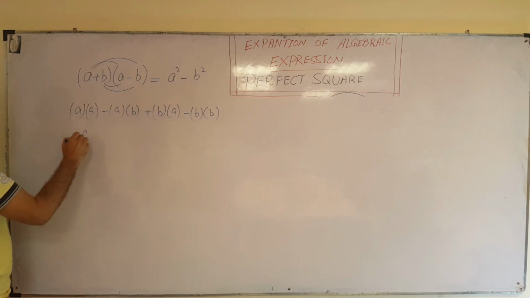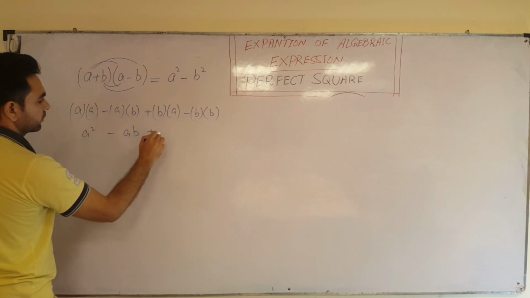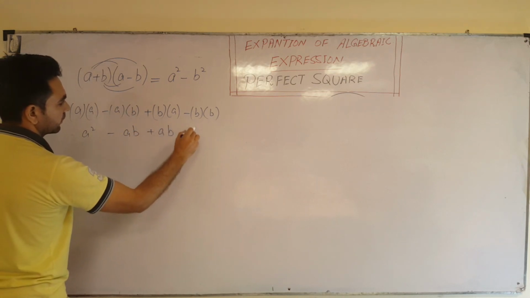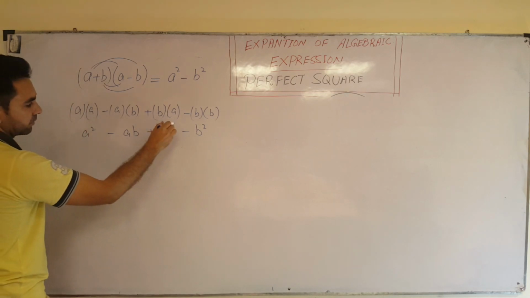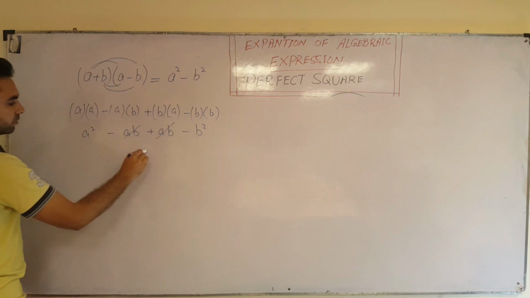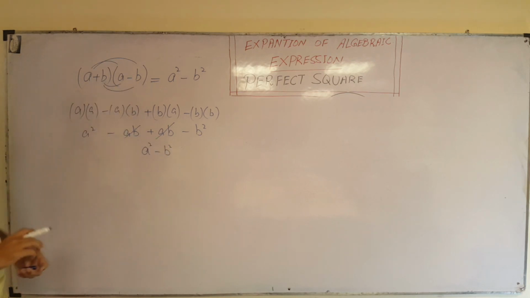So that gives us a square minus this gives us ab, this gives us plus ab, and that gives us minus b square. So we have minus ab and plus ab. They cancel out each other. You are left with a square minus b square, which is this formula.